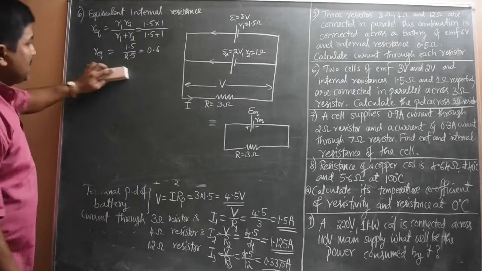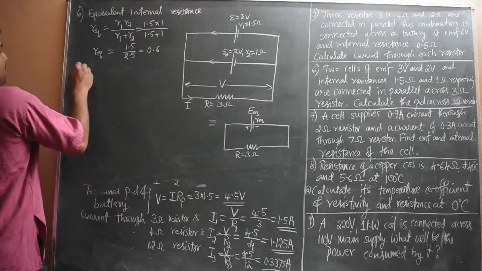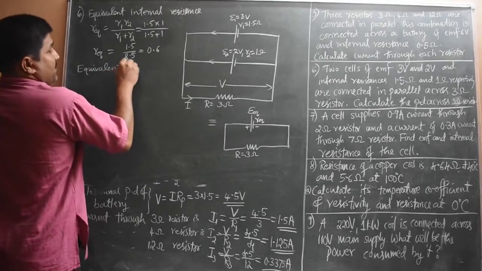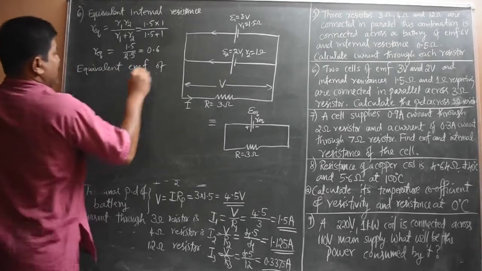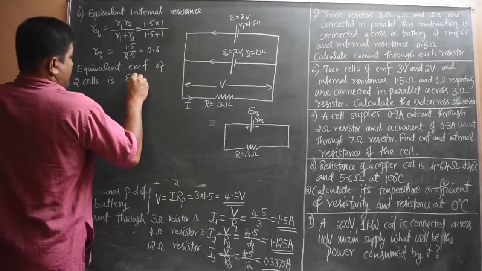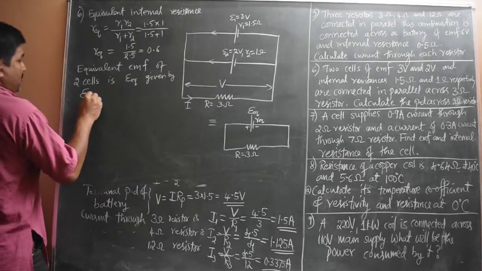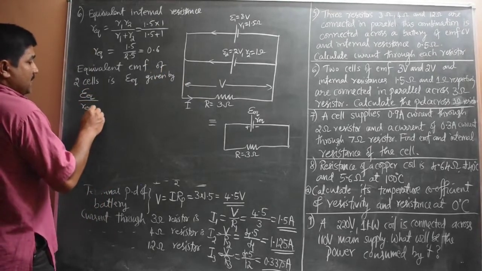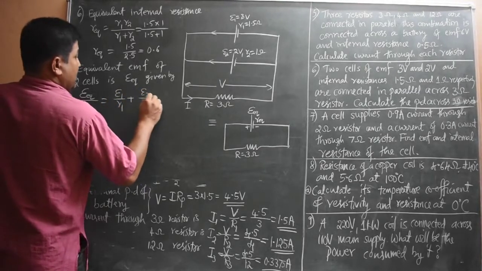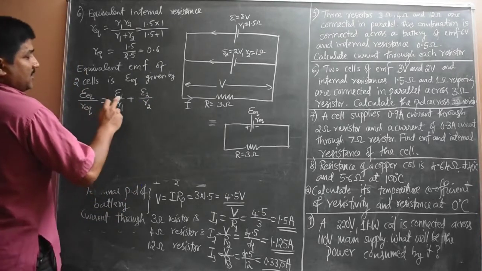Now we can write the expression for equivalent EMF. We have to find out the equivalent EMF of the cell. Equivalent EMF of two cells, epsilon EQ, is given by the expression epsilon EQ divided by r EQ equal to epsilon 1 by r1 plus epsilon 2 by r2. Now substitution here.